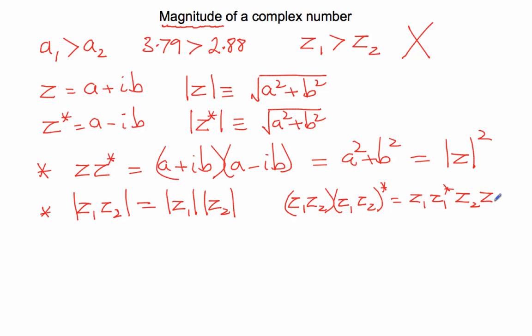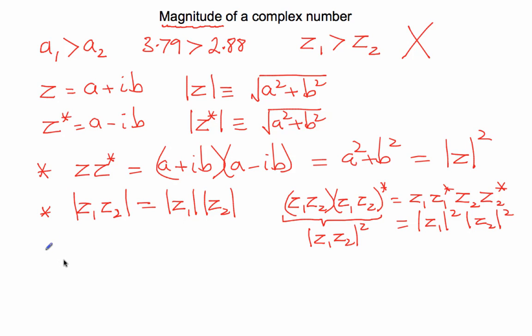And so that's what we have over here. And this is the magnitude of z1 squared, and this over here is the magnitude of z2 squared. And this, obviously, here is the magnitude of z1 z2 squared. So the magnitude of z1 z2 is the magnitude of z1 into the magnitude of z2, as is over here.